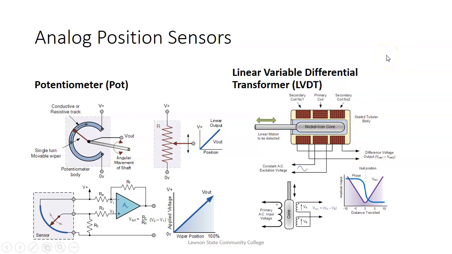It's changing the strength of the magnetic field on these transformers. Here's the primary, and these two are secondaries. If we move it this way, this guy here has more metal, so it would output a higher voltage. If we move it this way, then this guy would have more metal in it, and it would output a higher voltage. We sum them together, and we end up with that. And these are called LVDTs.